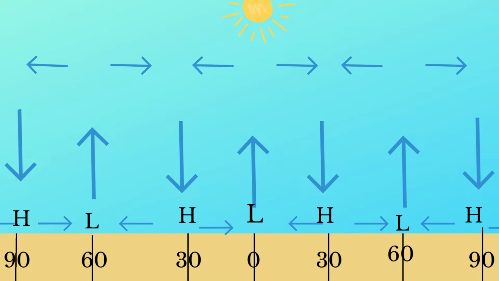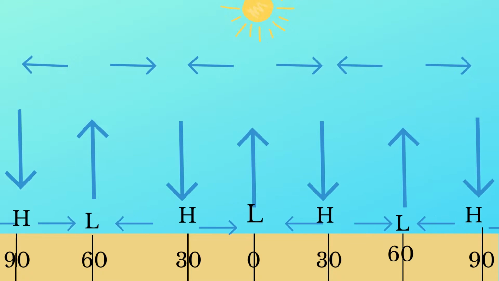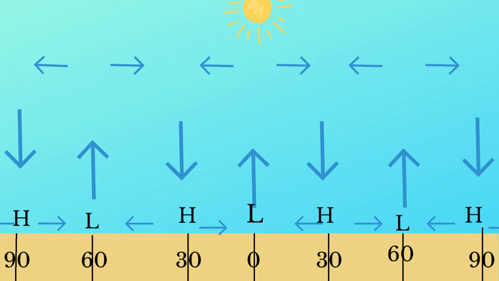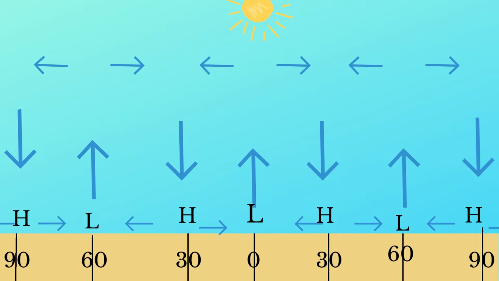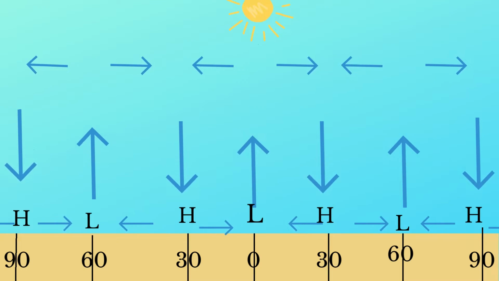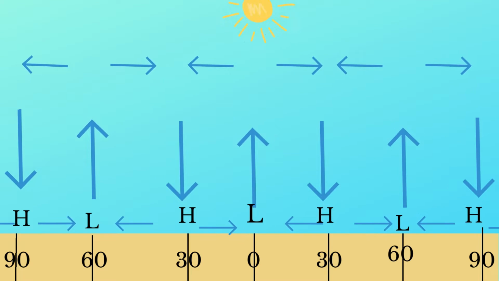After rising to the upper atmosphere from 60 degrees latitude, the air will diverge at the tropopause because it is unable to rise further. One branch will head towards the poles and the other towards the equator.